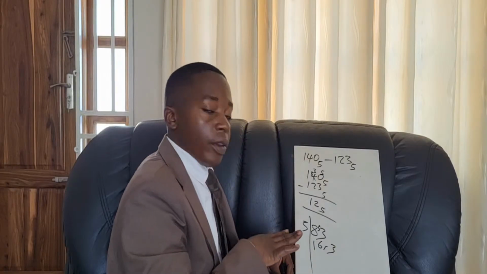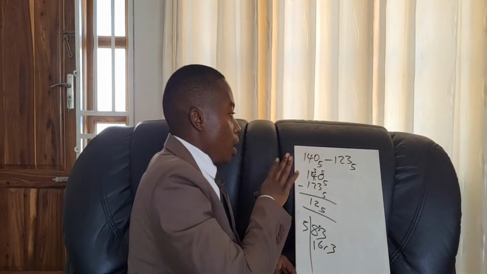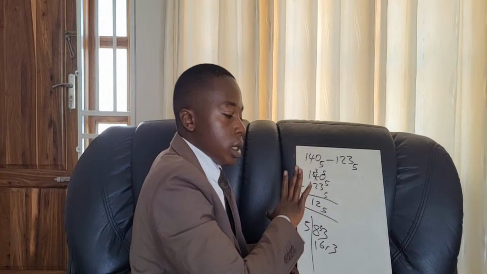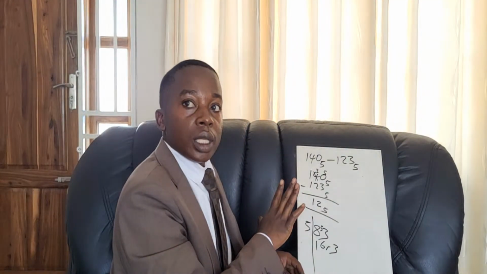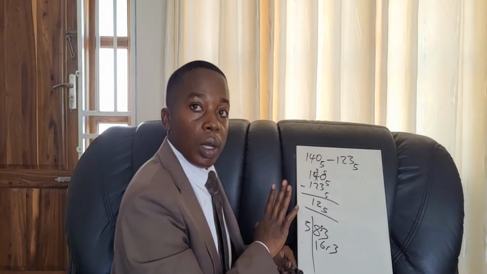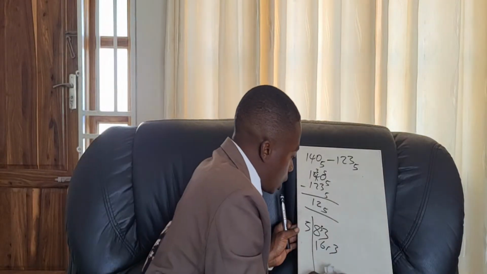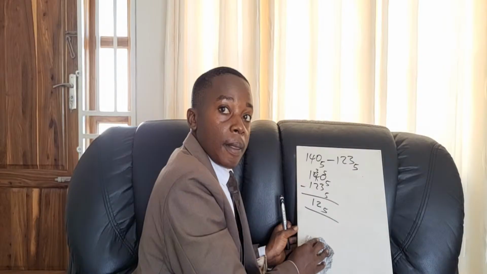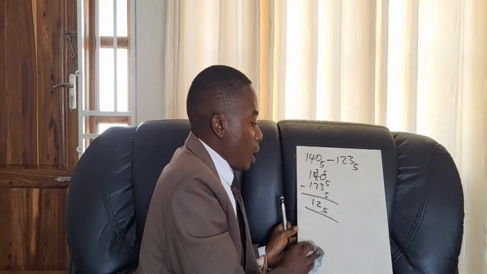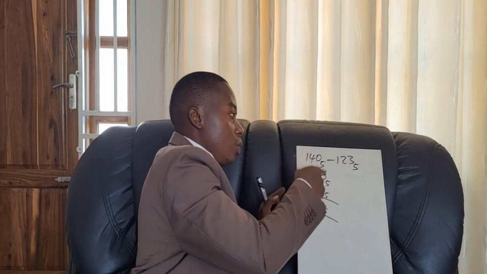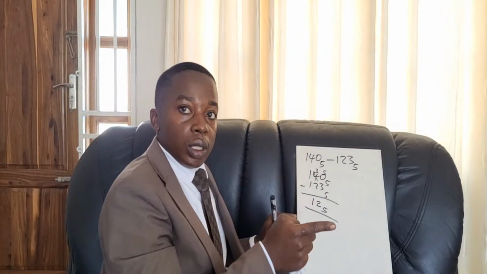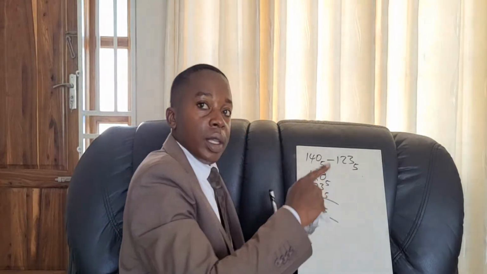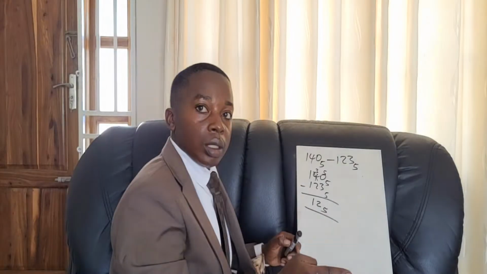Without going any further, I want you to see something. We're supposed to just subtract in base 5, then give our answer in base 2. So let's now convert this to base 2. Next time, don't do what we did, converting to base 10 and then changing. Subtract in base 5, and then change your answer to base 2.